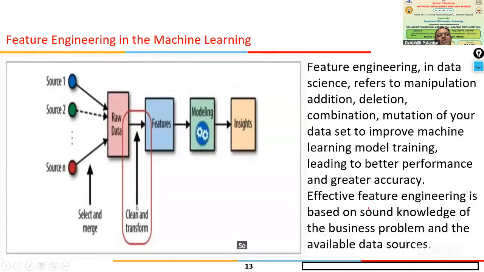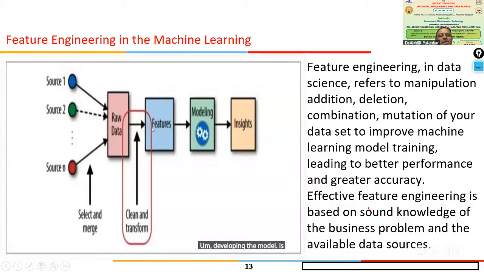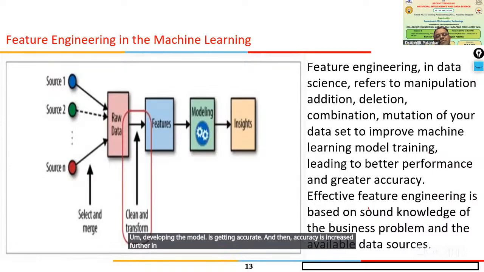Here we need to apply not only basic data pre-processing, but also model improvement, so that our training data set, which is used for developing the model, is accurate. And then accuracy is increased further in our actual data set when we are using it.